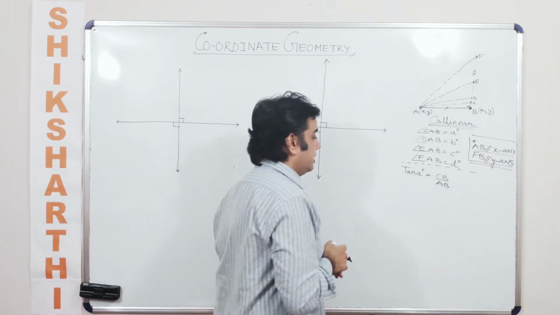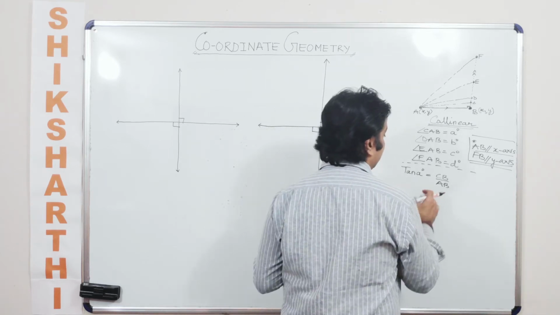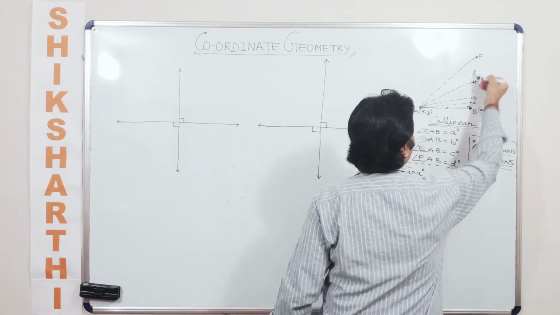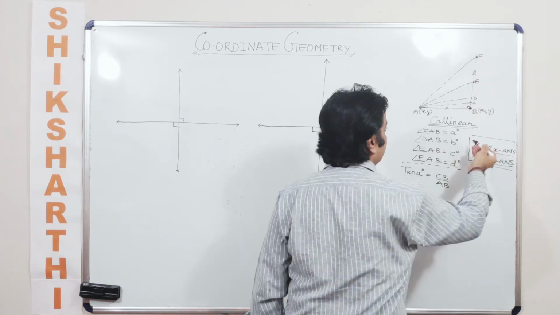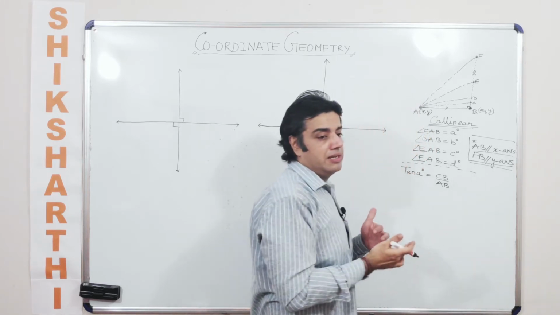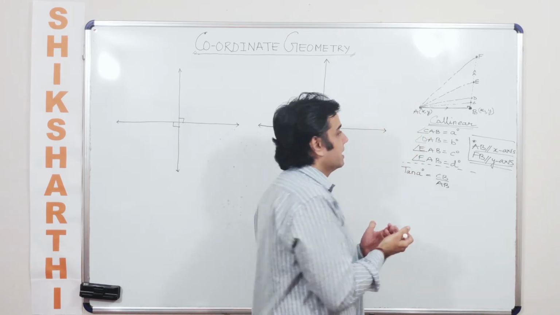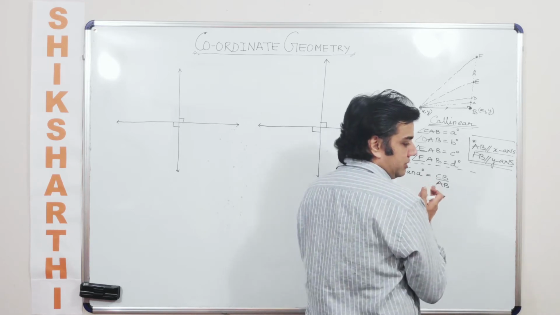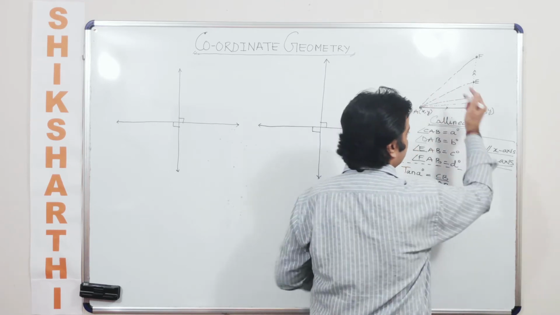Now when I am talking about the length of CB, if I am going up on a line which is either the y-axis or a line parallel to y-axis, as discussed in my earlier videos, what is going to change? The x component remains the same, which is the abscissa, but the ordinate changes.